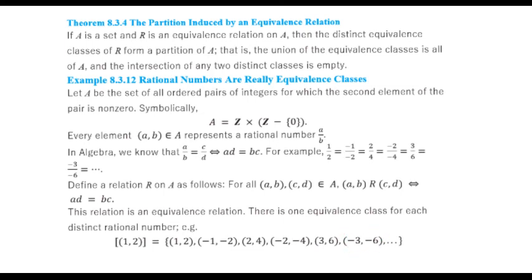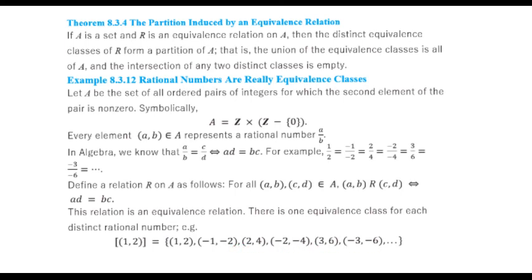Because all of these elements satisfy the relationship ad equals bc, correct? This is pretty similar to what we said earlier when we were saying that all of these rational numbers are equal. So instead of saying that these rational numbers are equal, we can say the equivalence class of (1, 2) is equal to the set of all of these ordered pairs.